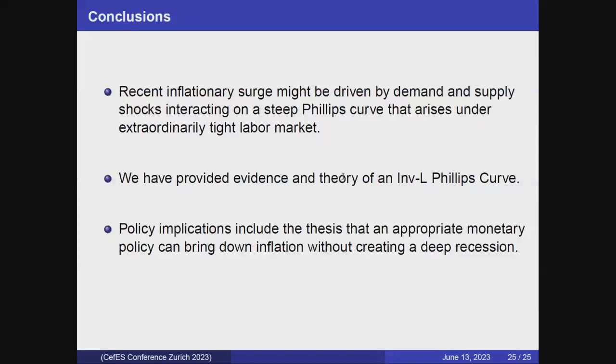I think we are focusing on a different channel here, which is that under a hot labor market the curve becomes steep. It's also true that recently there has been a deglobalization phenomenon, with countries more on their national borders in terms of many things. So this could have played a role.